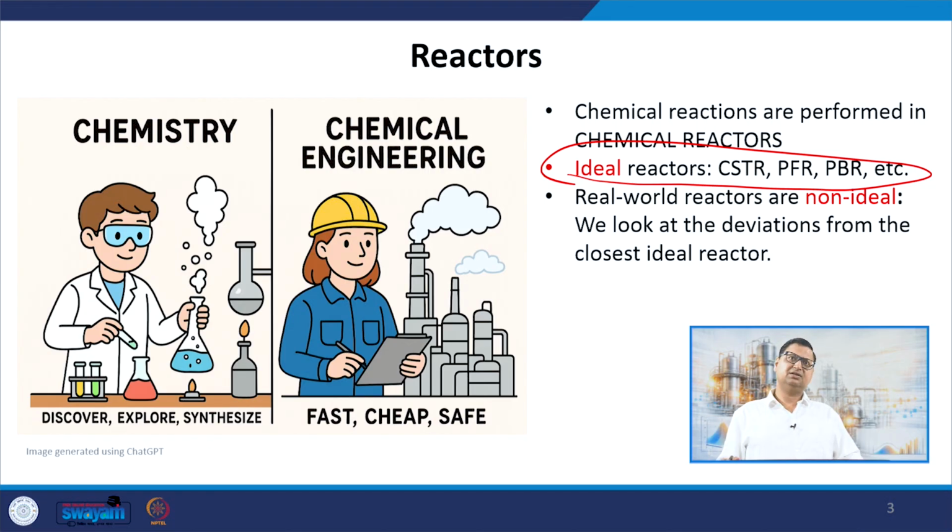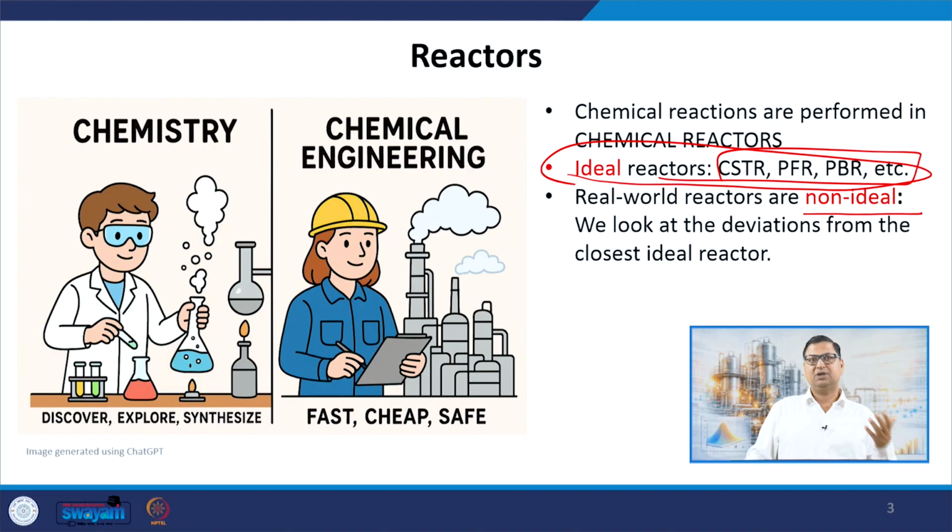When we look at the reactors in the real world, they are almost always non-ideal. What this means is that whatever reactor models that we are developing in reaction engineering can only be an approximation of the actual reactors. And in general, the reactors can either be close to, let us say, a CSTR or a PFR or the corresponding version in the bed reactors.